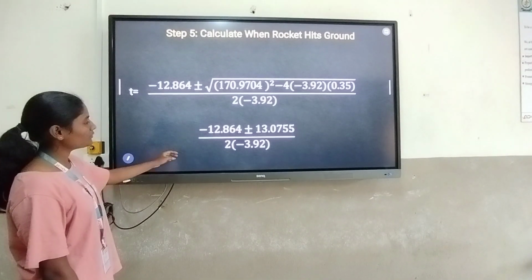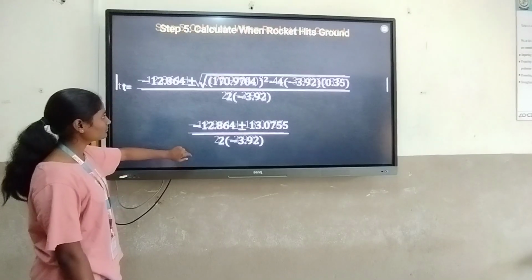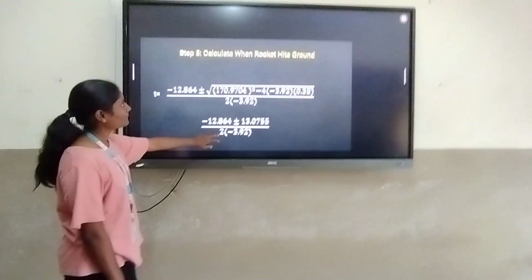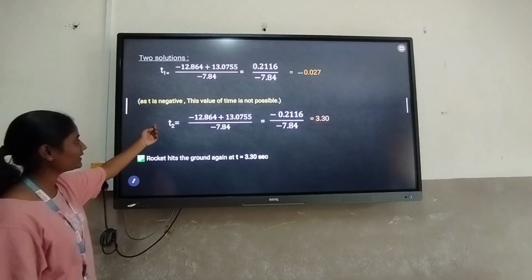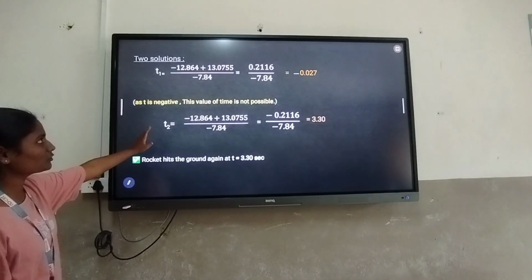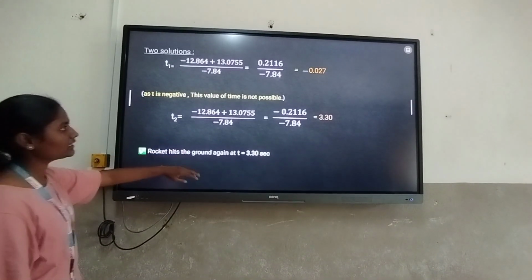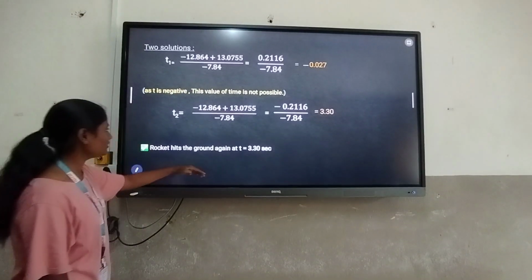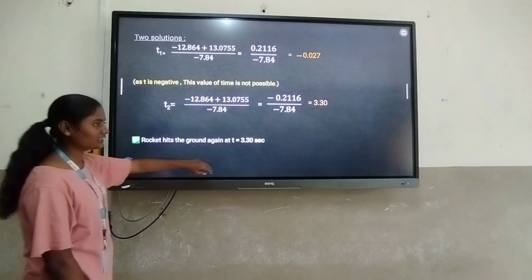Putting those values in the equation, we get the solution in two ways. By solving the equation we get two values, positive and negative, but negative is not possible for time, so we solve it again. Then we get the value 3.30. The rocket hits the ground again at t is equal to 3.30 seconds.